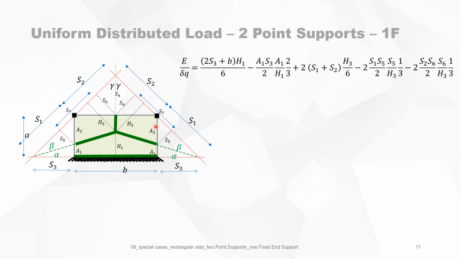And we subtract this, which is S1 times S5 divided by 2 times the maximum deflection divided by 3, and the maximum deflection is S5 divided by H3, and the same for the other side.